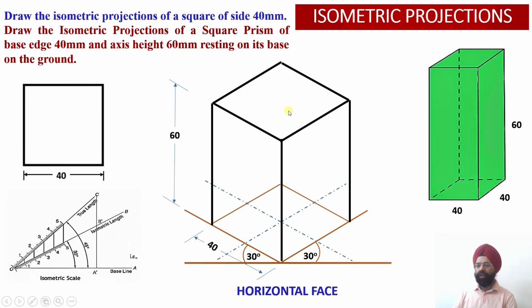This edge will be parallel to the isometric axis, and this edge will again be parallel to the isometric axis. Similarly, this edge and this edge, which correspond to the top face of the square prism, will both be parallel to the isometric axis, that is the x-axis, right? So we have completed the top face, which has been darkened as well using the object lines.